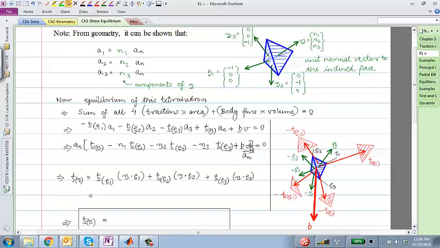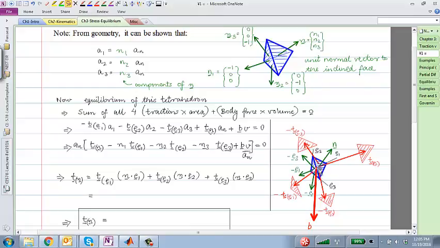Now, the good thing is that as the size of this tetrahedron goes down to 0, when the size delta x, let's say, goes down to 0, can you tell me what the volume divided by area would tend to? Volume of the tetrahedron divided by area of any one of the inclined face, what would that tend to?